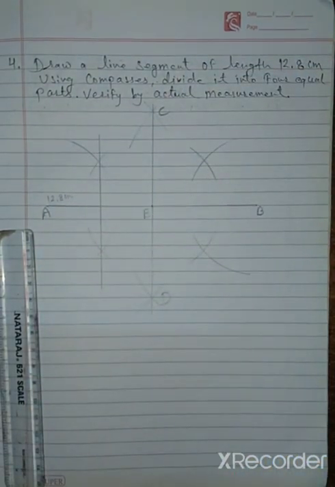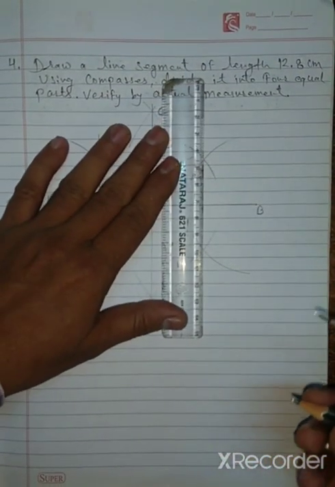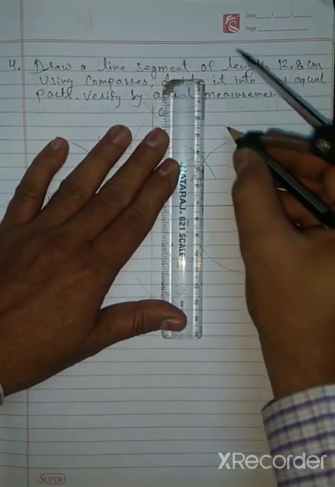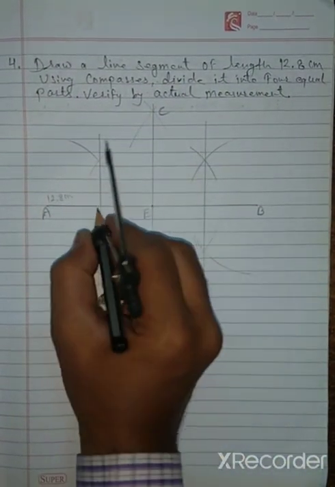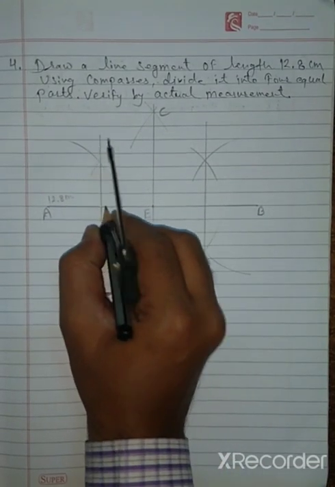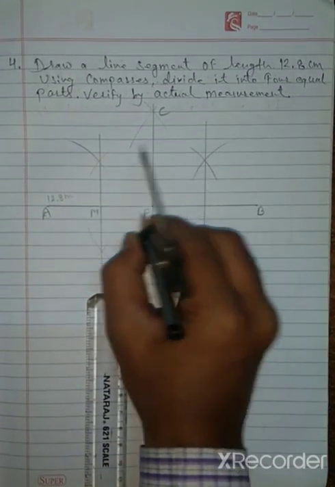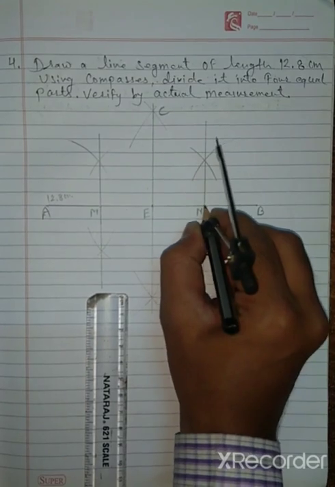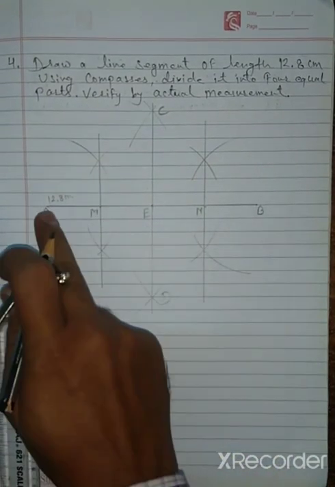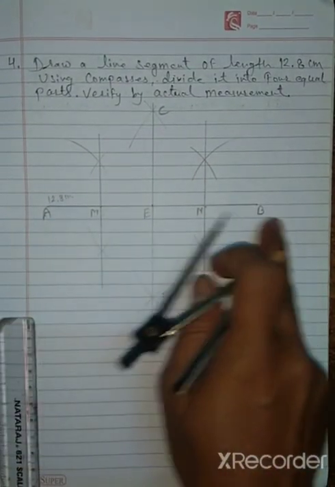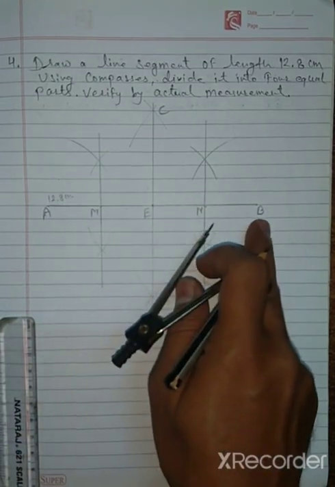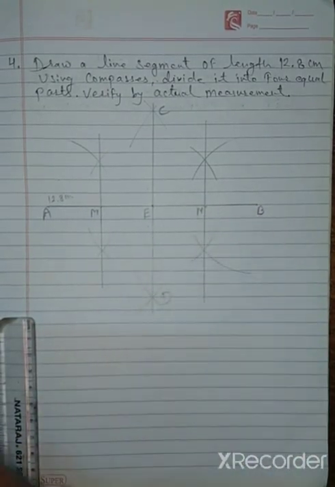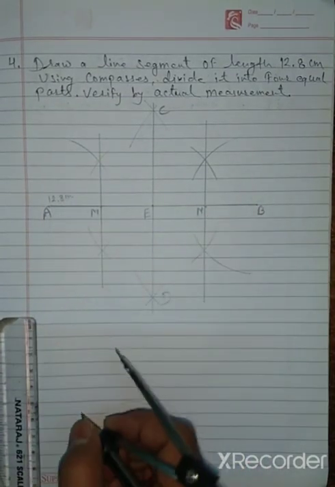We'll cut arcs and join the points. Now you can write the names M, E and N. So we have divided this AB into 4 equal parts: AM, ME, EN and NB.